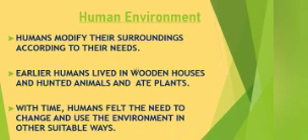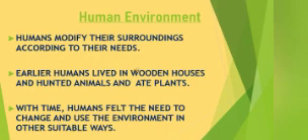Now, the other main important domain of the environment is human environment. Human beings interact with environment and modify it according to their needs. Earlier humans lived in wooden houses and hunted animals and ate plants. But now is not that time.